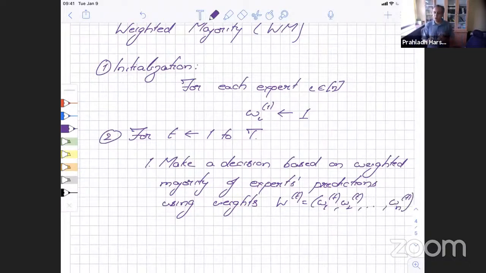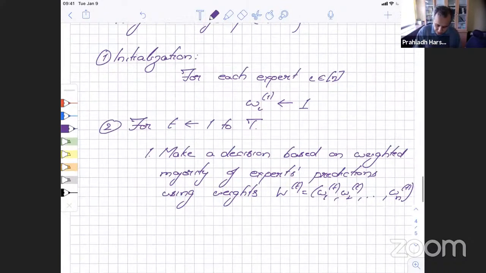I will be using small letters for the scalars and capital letters for the corresponding vector quantities. I can't do bold-faced like we would do on paper, so I will use capitals and smalls. So you make a decision based on it.